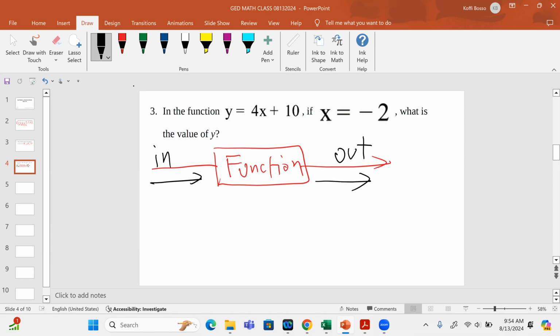What we plug in is X. We plug X in and we get Y out. What we are plugging in, they also call input. And what we get out, we call outcome, or they also call it output.